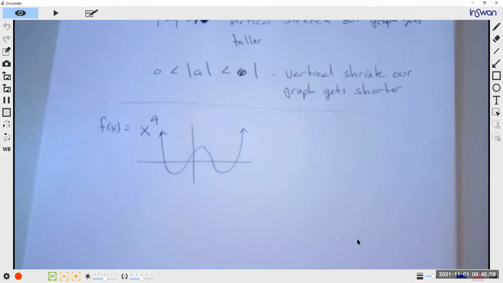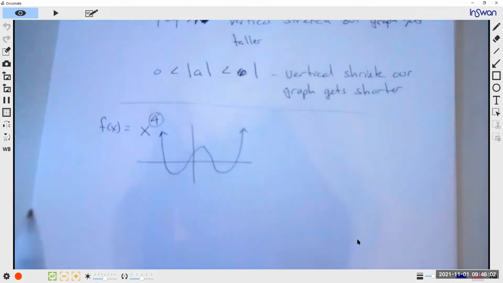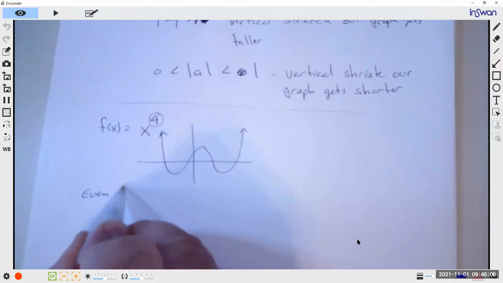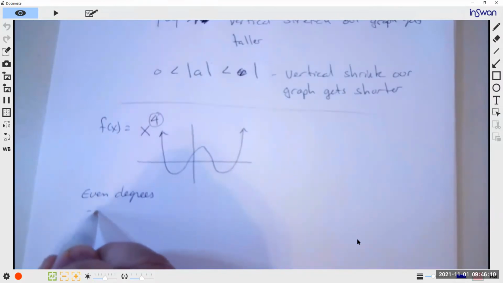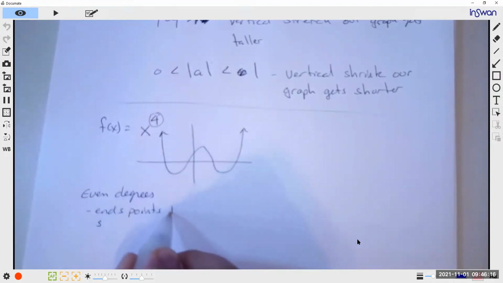It looks like that. Remember, even degrees, the ends point the same direction.